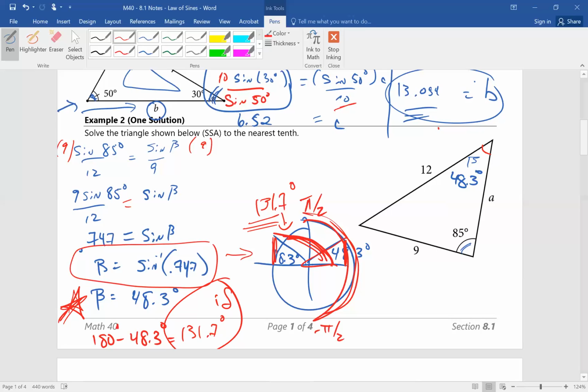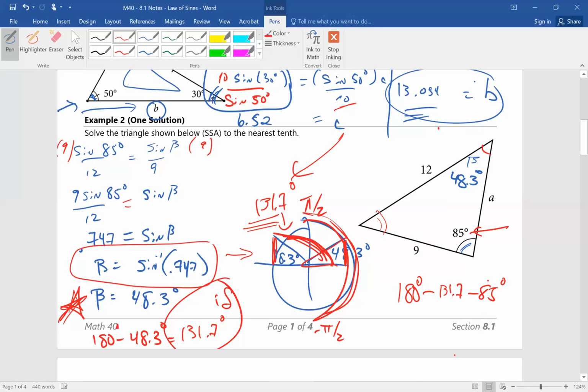You have to see if it works in the realm of triangles and geometry. So what do all the angles of a triangle give you? 180, right? So all three of the angles have to add up to 180. If that were to be your angle, you'd have to subtract off, because you'd still need this other angle here, right? 131.7 minus this angle of 85 degrees.